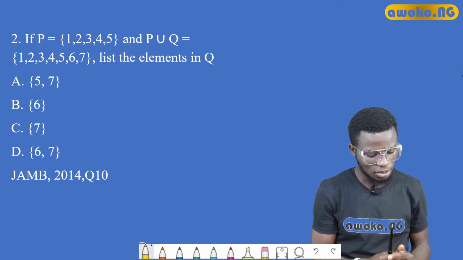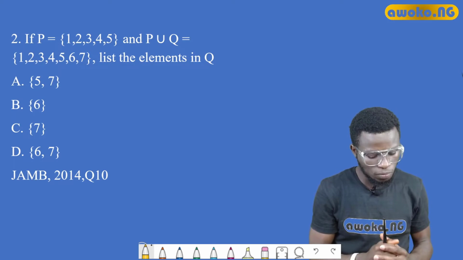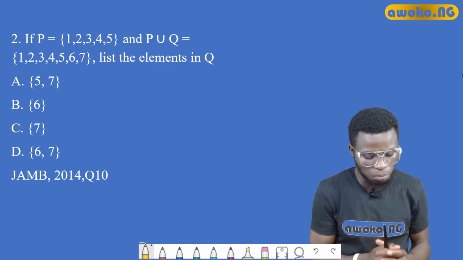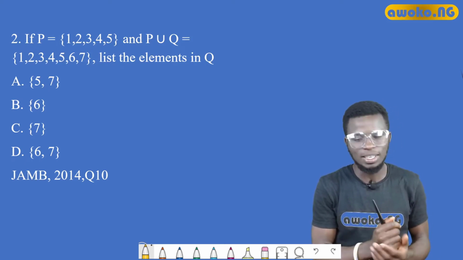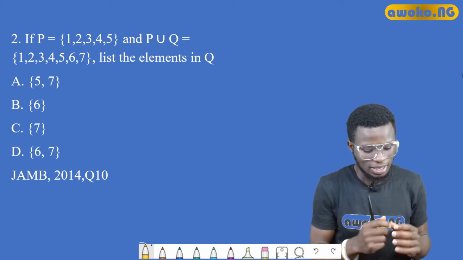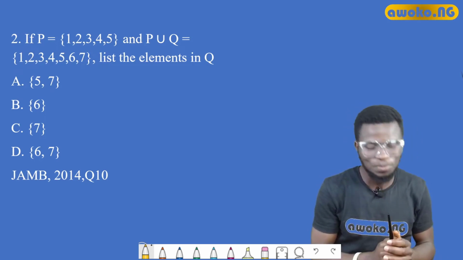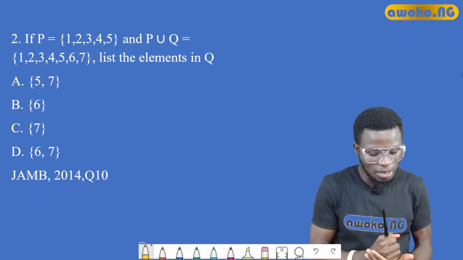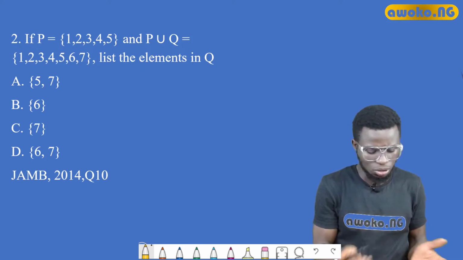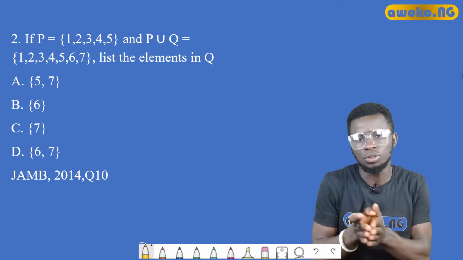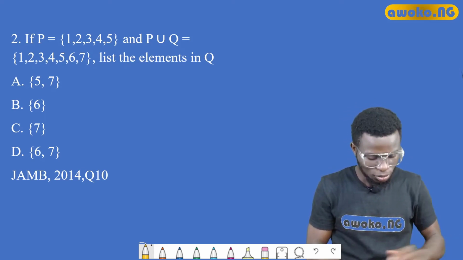So let's go to the second question. We are given that P equals 1, 2, 3, 4, and 5, and P union Q equals 1, 2, 3, 4, 5, 6, and 7. We are asked to find the elements in Q alone. The elements in Q are seen as the elements that will complete the universal set. The universal set in this case is P union Q when related to set P. Don't worry, let me simplify it further.